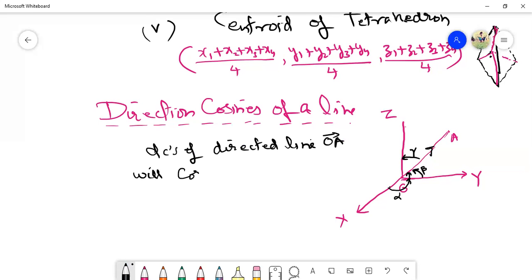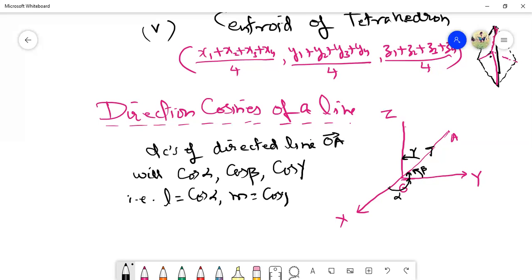So cos alpha, cos beta and cos gamma, and they are denoted by l, m, n. So we can say that l is equal to cos alpha, m is equal to cos beta, n is equal to cos gamma.